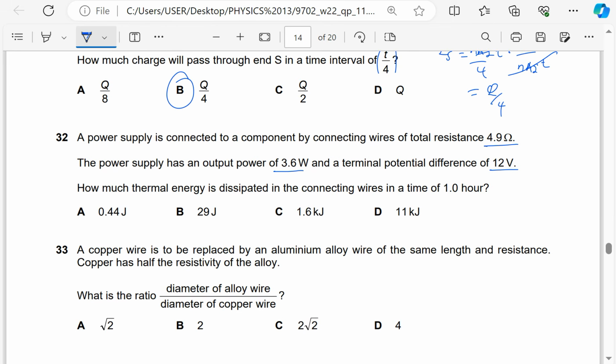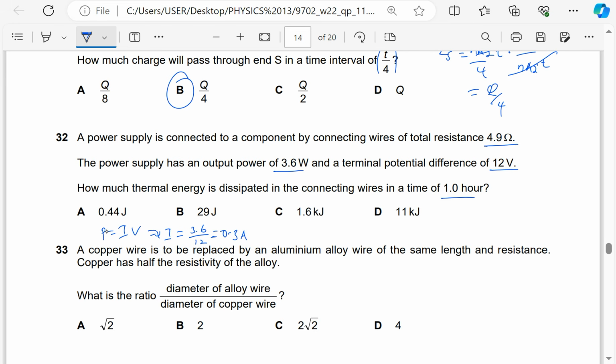So that is V. How much thermal energy is dissipated in the connecting wires in a time of 1 hour? I can first of all find the current, because I know power equals I times V. So the current is going to be 3.6 divided by the terminal PD, which is 12. I think this is automatically 0.3 amperes.